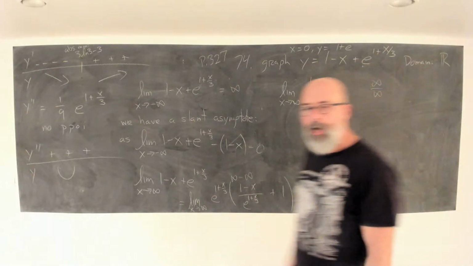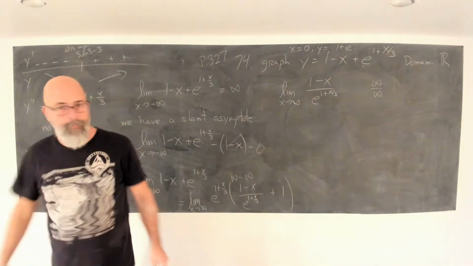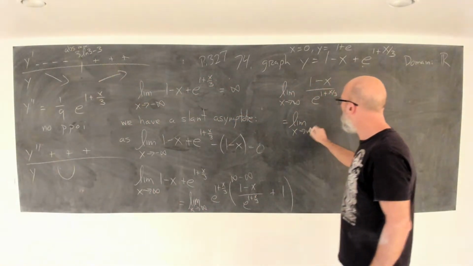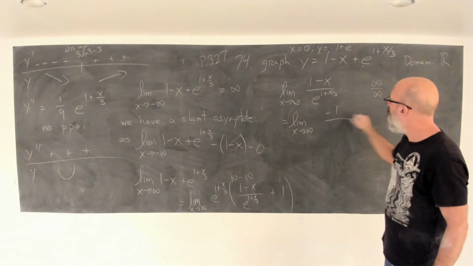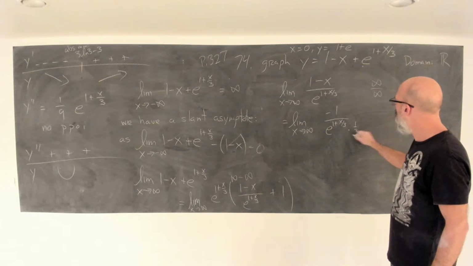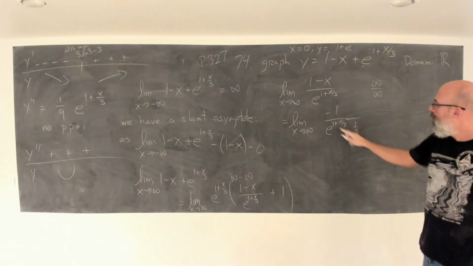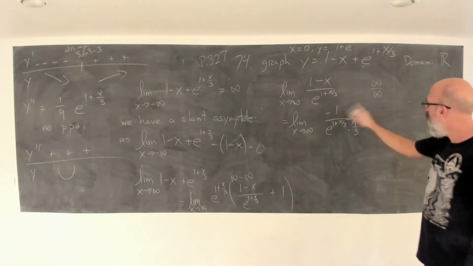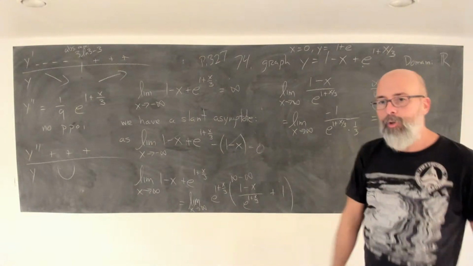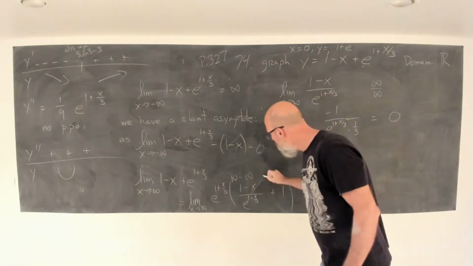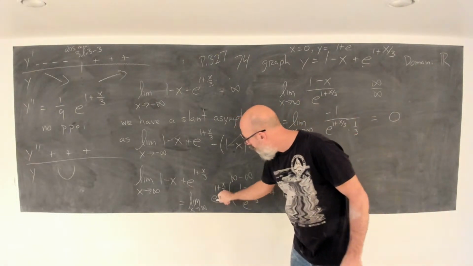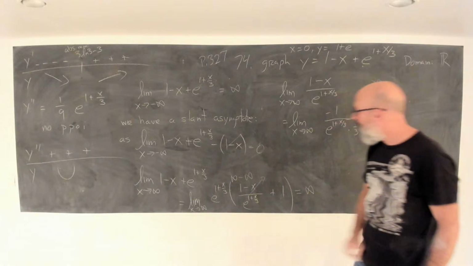So we can apply L'Hopital to this. Derivative of the top, derivative of the bottom. And as x goes to infinity, this goes to infinity, e to the infinity is infinity. So we have a 1 over infinity, which is 0. Absolutely. Thank you. So this part goes to 0. So the stuff inside the bracket goes to 1. This goes to infinity. E to the infinity is infinity. The whole thing is infinity.